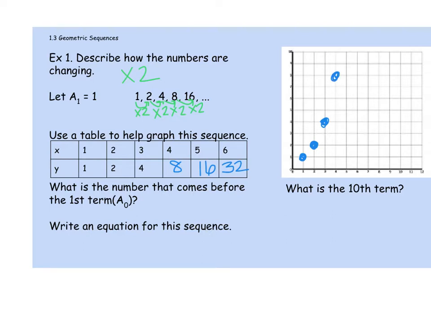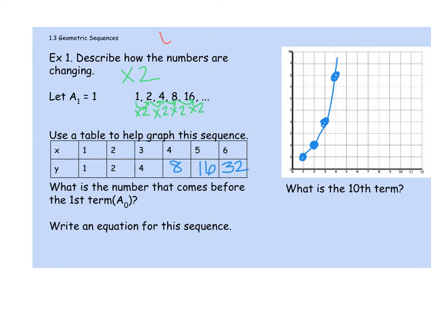The fourth one is 8. Okay, so this is not a straight line. We can't connect these using a straight line. This actually is a curved line. It's going to keep on going way up and up and up. It's called exponential, and we'll get into that later on this year. But just know that it's not linear, or it's not a line.